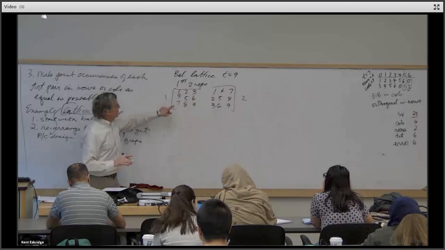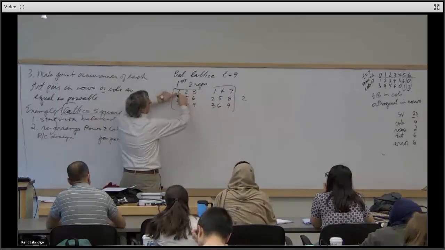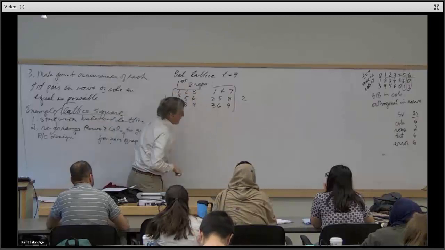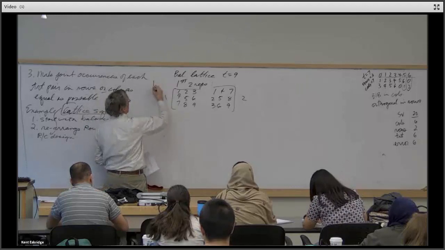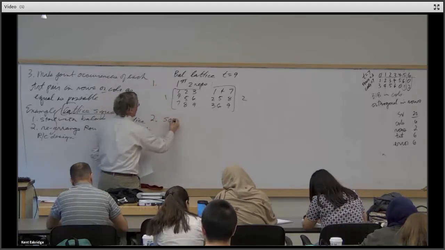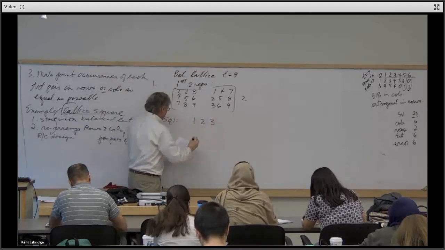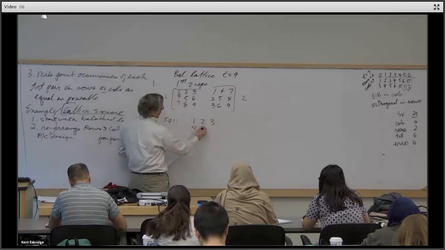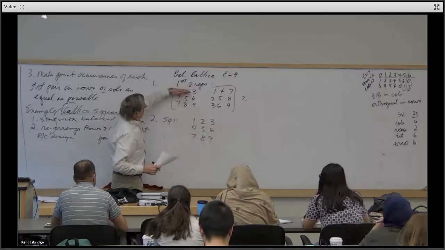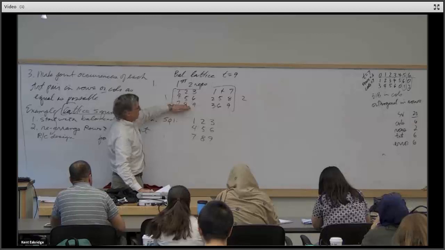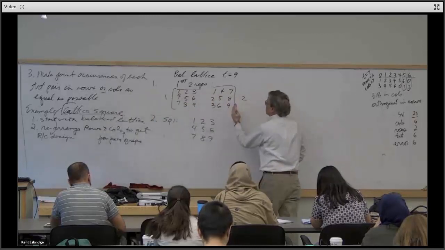Now the idea is I want to put them together so I get one with all treatments in one or the other. Okay. So if I do this, I get square 1. So this is step 1. And step 2, square 1 looks like this. I'll have 1, 2, 3, and then 4, 5, and 6, and 7, 8, and 9. So I take the rows from rep 1. Here they are. And I take the columns from rep 2.